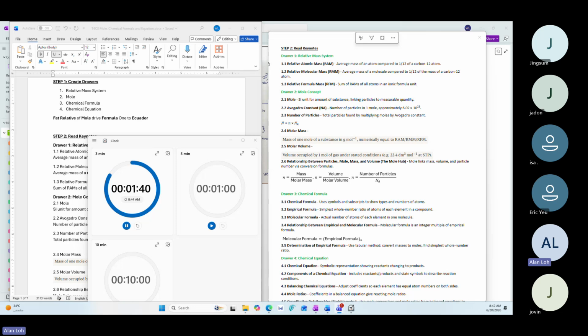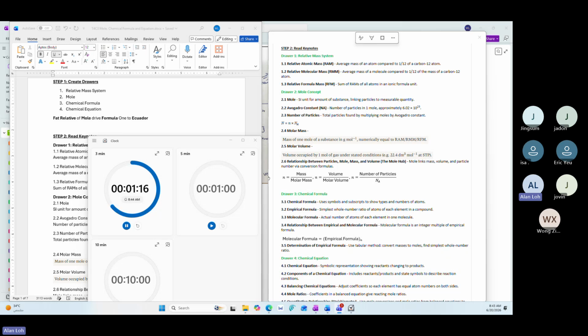Hi, Joey. We are reading step 2, drawer 1 and drawer 2 for 2 minutes, remaining 1.5 minutes. So you can start reading drawer 1 to drawer 2. Step 2. If you cannot see the screen, let me know. Hi, Xuan.